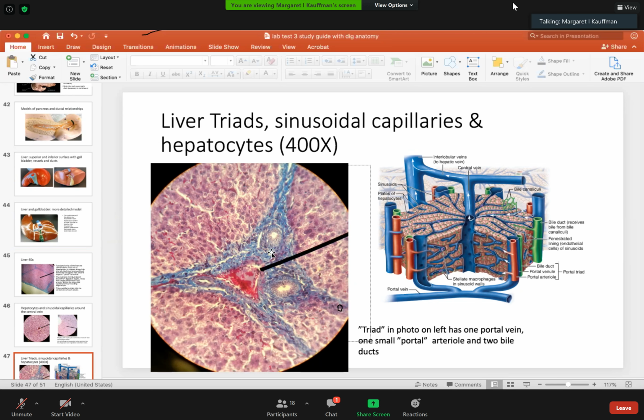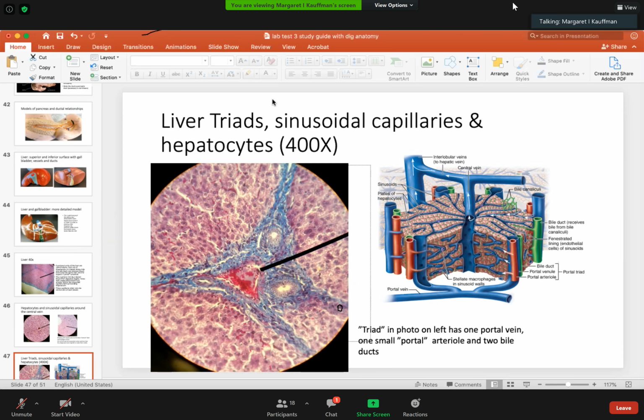If we were in person, you'd be searching and searching to find one of these structures. There's many of them. They're just not located nice and systematically at the corners like this. Again, the blue is staining the collagen, so it's the connective tissue, but it also gets picked up.